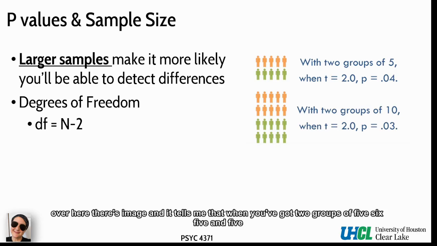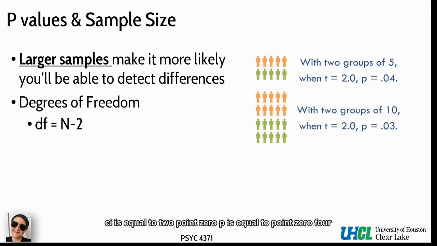So over here, there's an image, and it tells me that when you've got two groups of 5, so 5 and 5, t is equal to 2.0, p is equal to 0.04. So I calculate a t statistic, and I get 2, and that is significant at the 0.05 level because p is equal to 0.04.